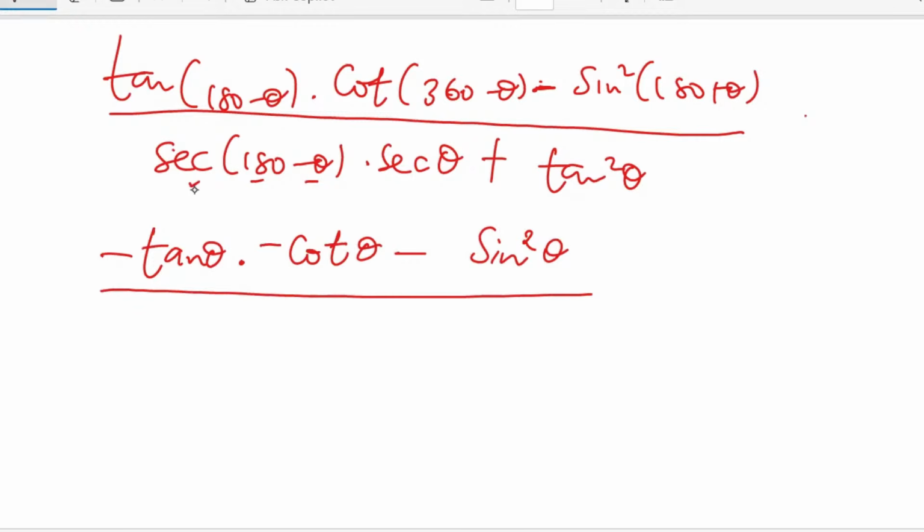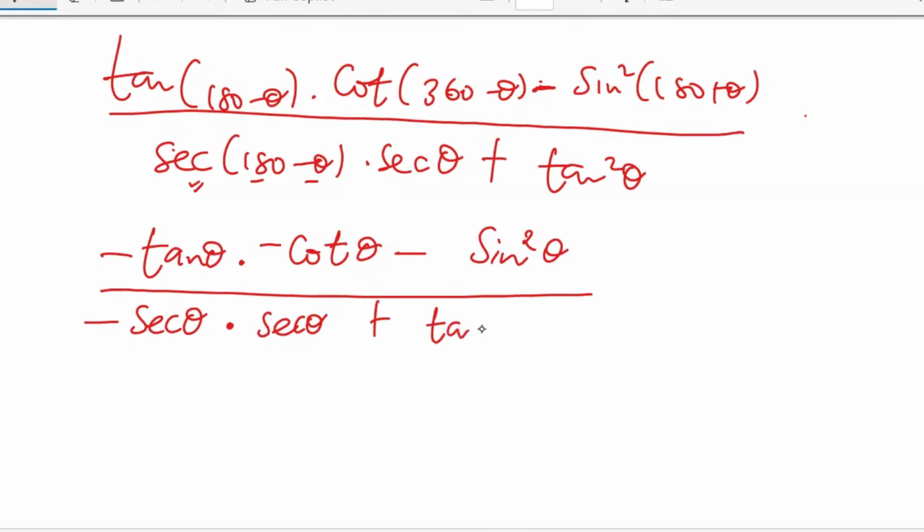Sec is the reciprocal of cos. Cos is negative there, so negative sec theta. We are multiplying by just the sec theta, and then we are adding the tan squared theta.